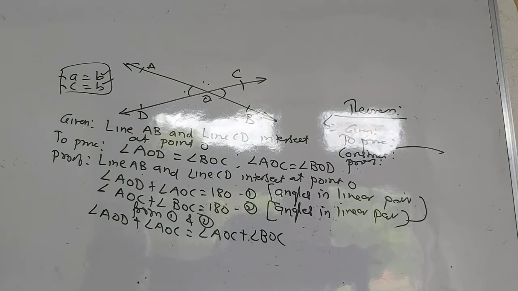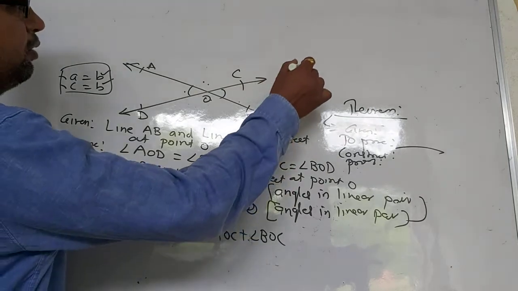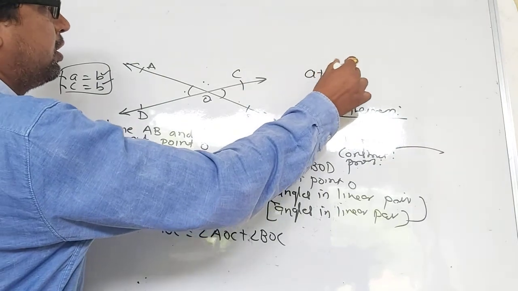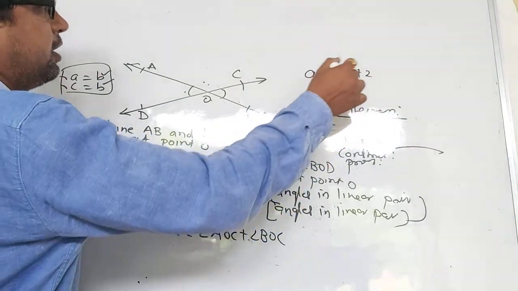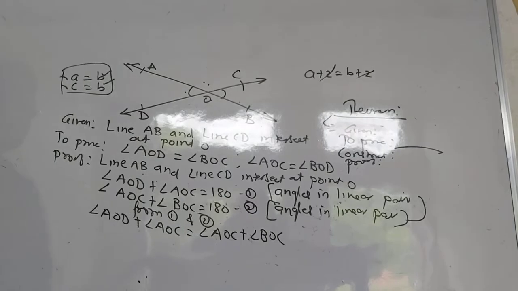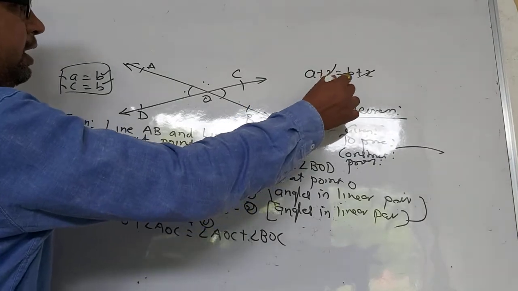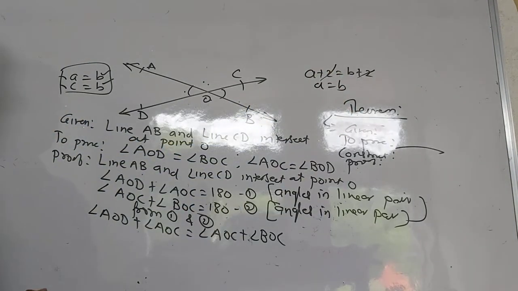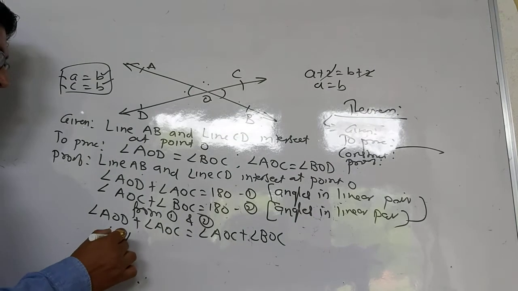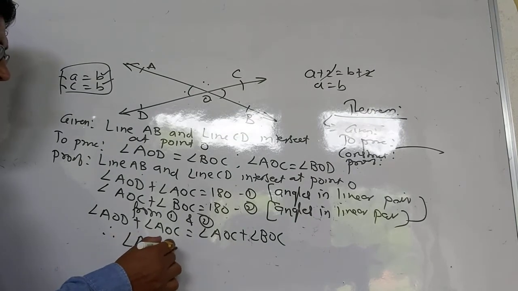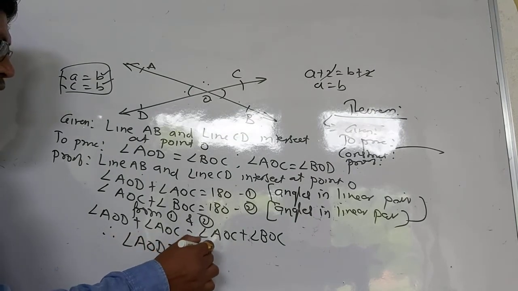In both, AOC is common. Again I will give one example. A plus 2 is equal to B plus 2. You can cut this 2 from both sides, and what remains, the result, is A is equal to B. In the same way, therefore angle AOD is equal to angle BOC.